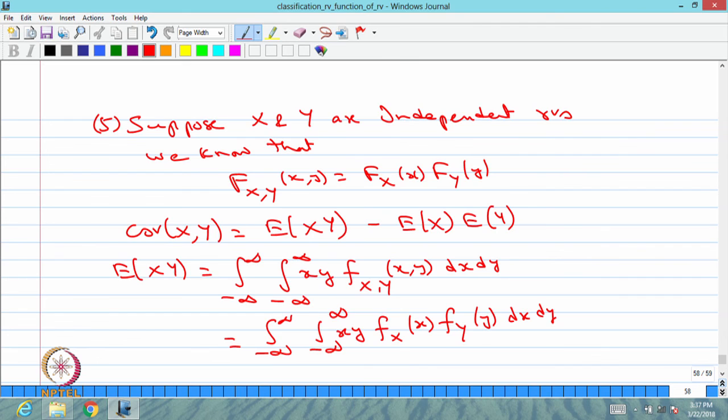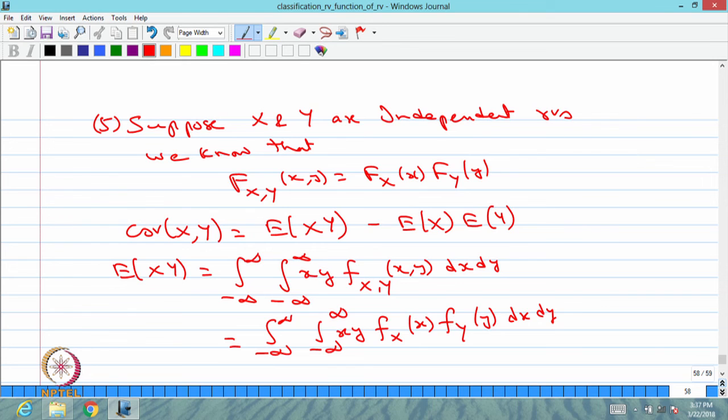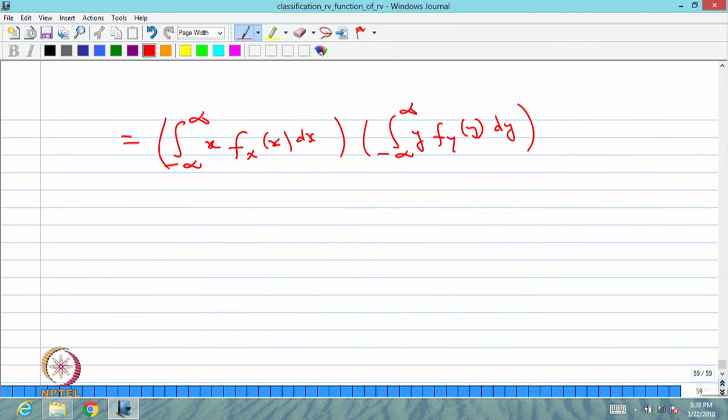This is because the joint probability density function can be written as the product of the probability density functions of x and y. Therefore, I can keep x, f of x together, similarly y and f of y together. Therefore, the integration becomes the product of these two. We know that the first integration is expectation of x and the second integration is expectation of y.